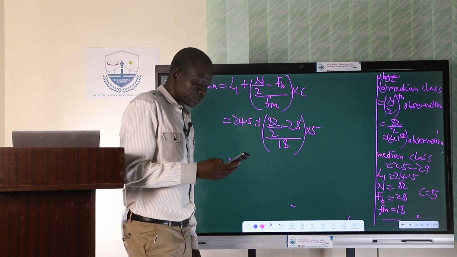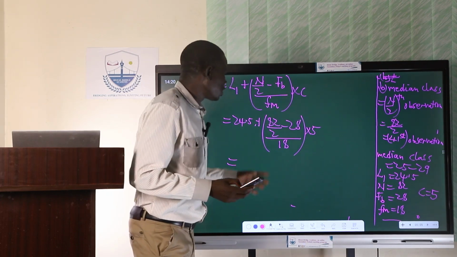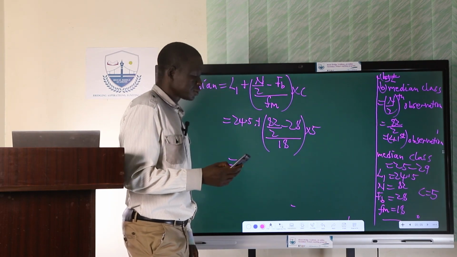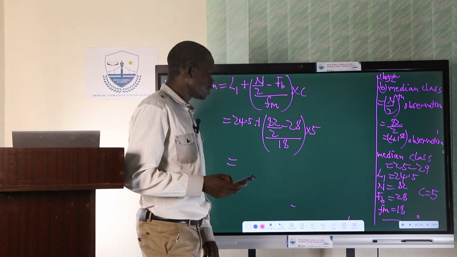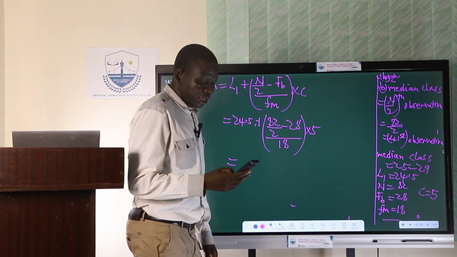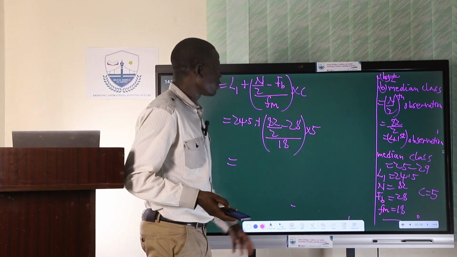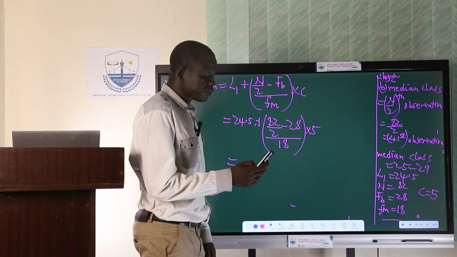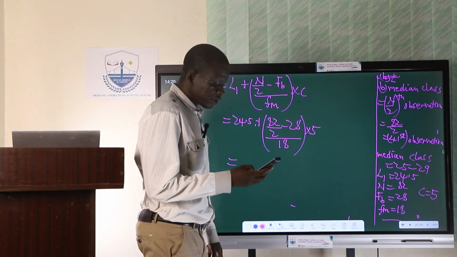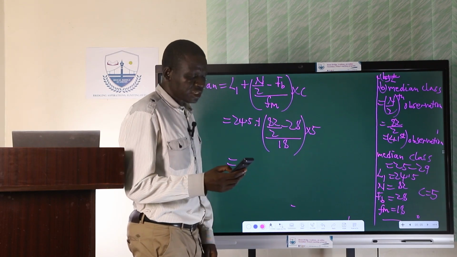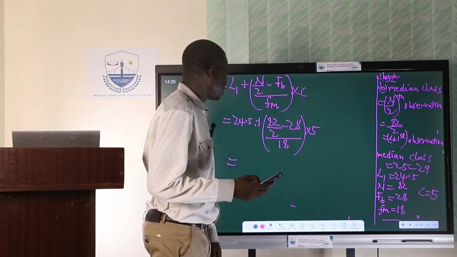And 41 minus 28, we get 13. Then 13 times 5, we find that we get 65. And then 65 divided by 18, we find that we get 3.6.